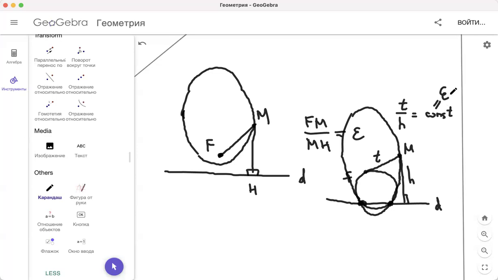So, for example, if epsilon is equal to 1, so this ratio is equal to 1, you obtain a parabola.